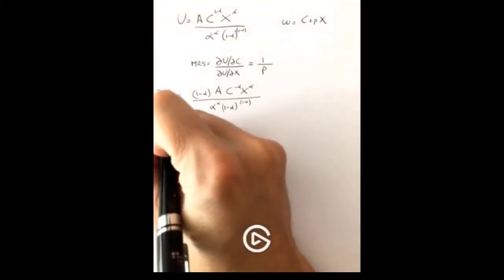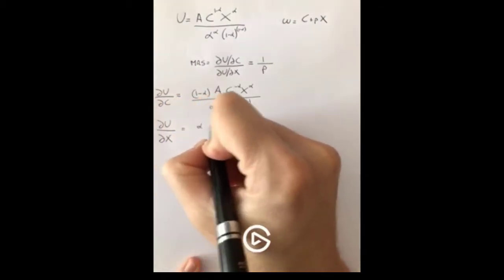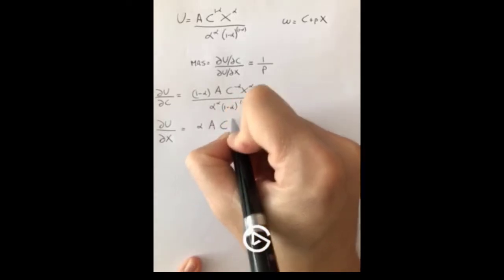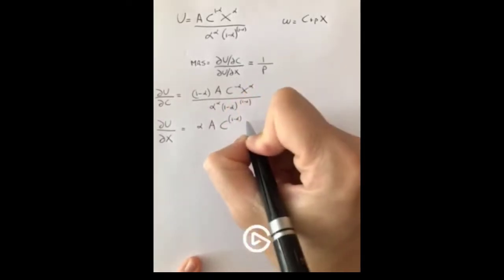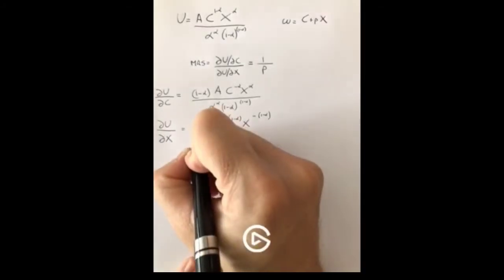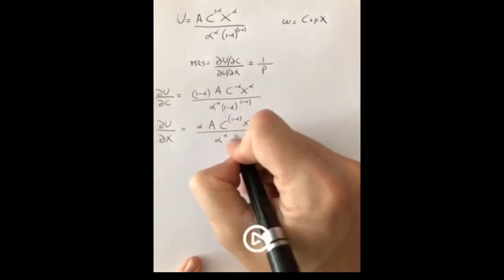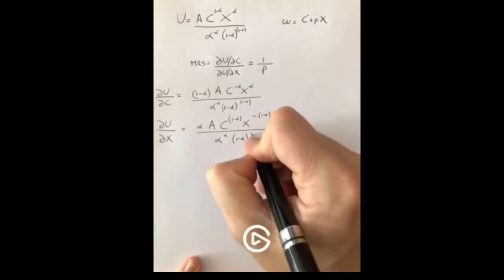The derivative of the utility with respect to X is equal to alpha times A, C with exponent 1 minus alpha, times X with exponent negative (1 minus alpha), divided by alpha with exponent alpha and (1 minus alpha) with exponent 1 minus alpha.